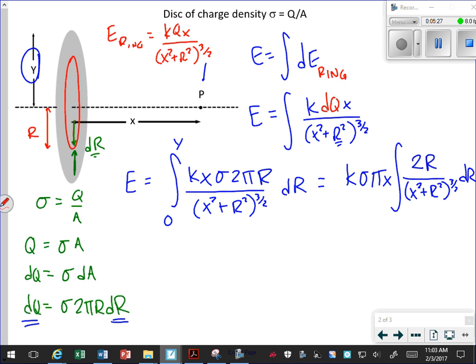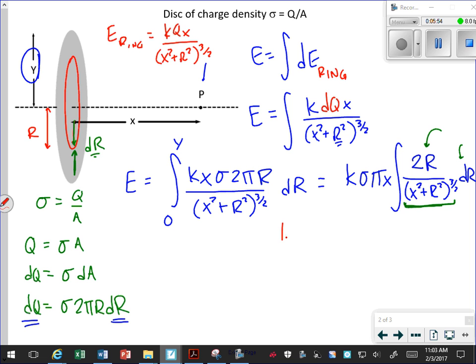Okay. Now we are in a place where that's a doozy of an integral, but what you notice is we've got a function and the derivative of that function with respect to the variable we want to integrate over. So that's a great candidate for what we call a u substitution.